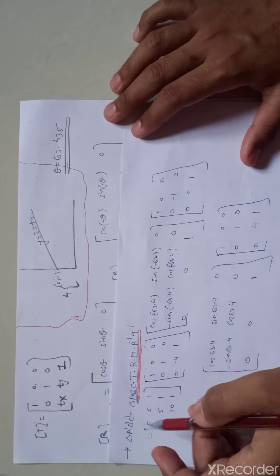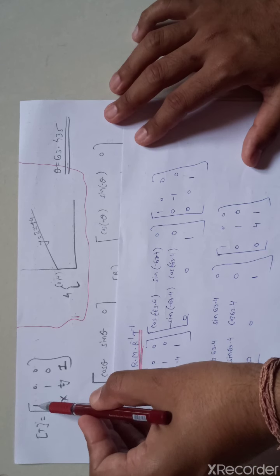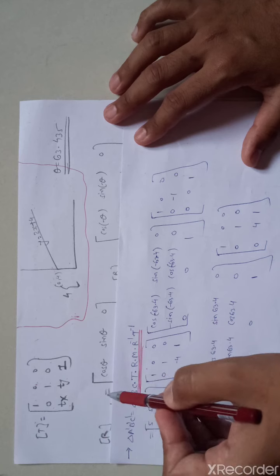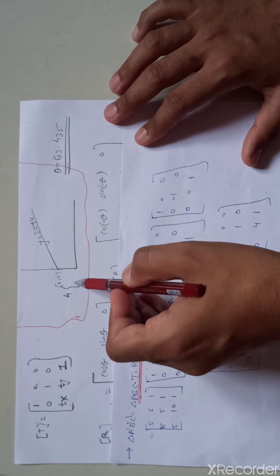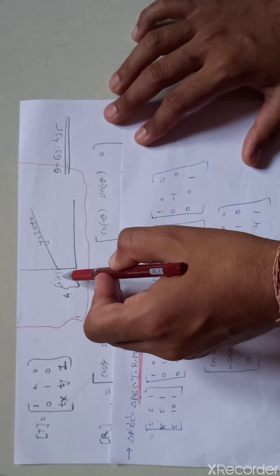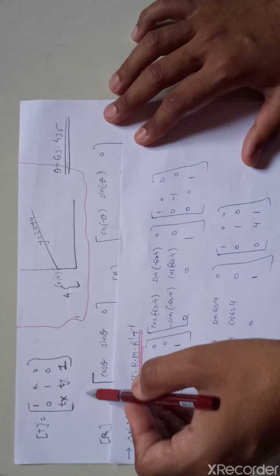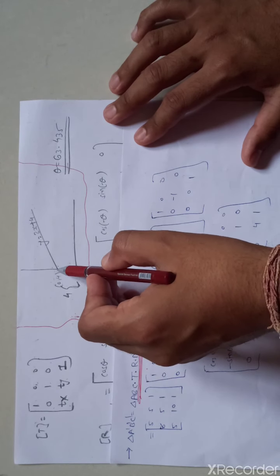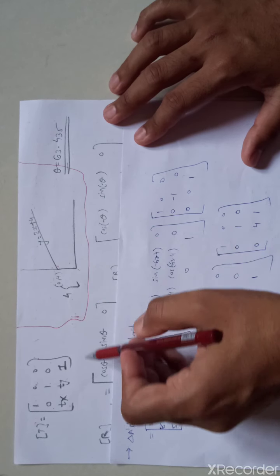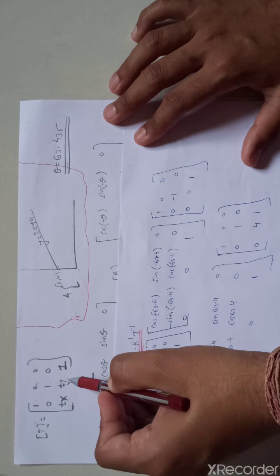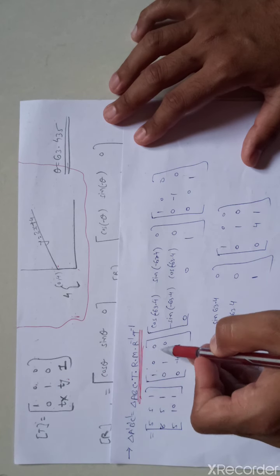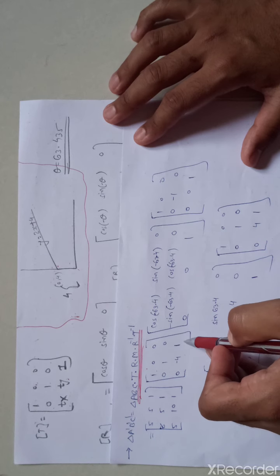We know that translation is given by this matrix: 1 0 0, 0 1 0, dx dy 1. Here the line is 4 distance away from the origin, so we require moving this line to the origin. So we simply put ty is equal to minus 4 and tx is not given, so tx is 0. So 1 0 0, 0 1 0, 0 minus 4 1.